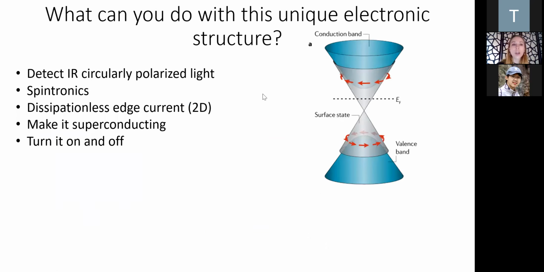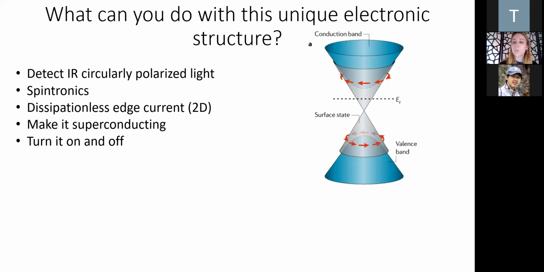All right, so what can you do with this unique electronic structure? I'm going to talk about applications that have been thought of already, although not necessarily implemented into devices. But that doesn't mean that what ends up happening in the future might not be completely different. It probably will. So one thing that you can do is detect infrared circularly polarized light.